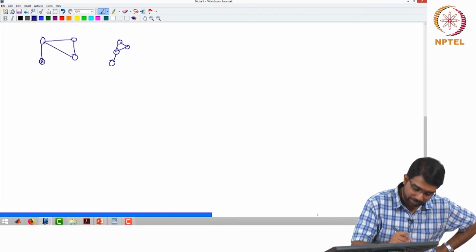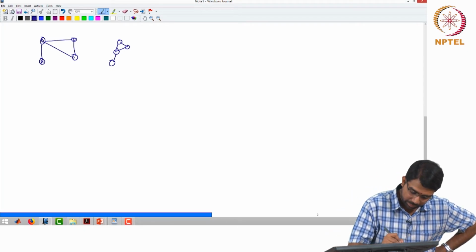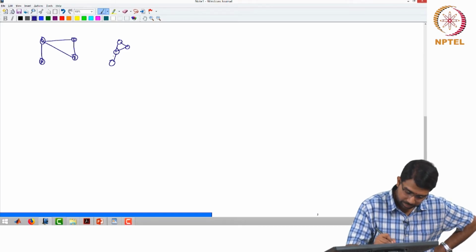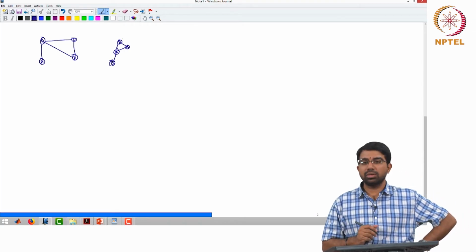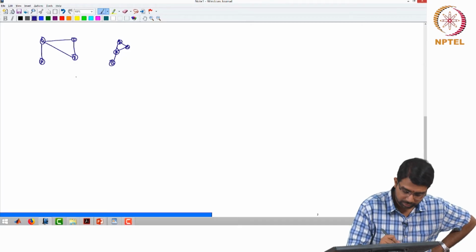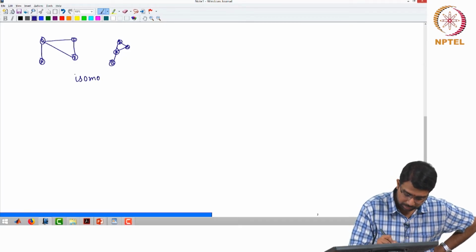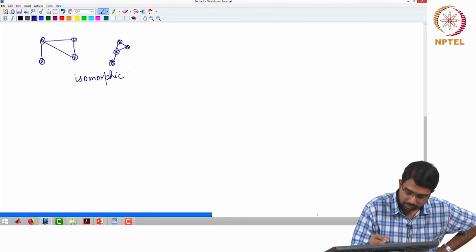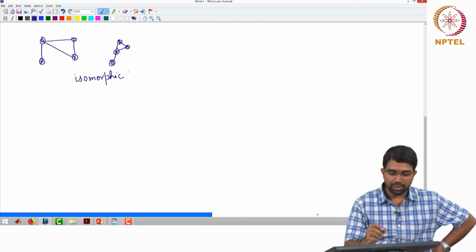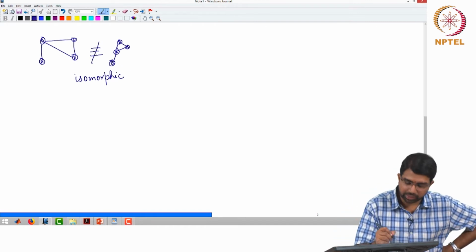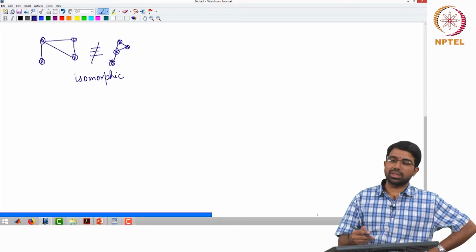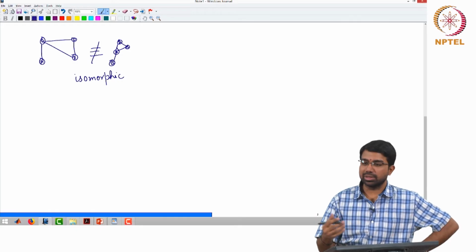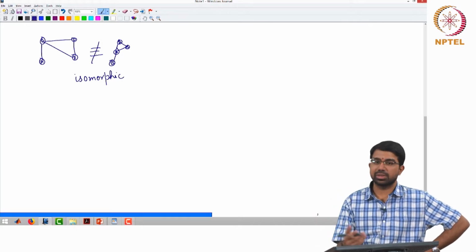If I label them, the graphs are no longer isomorphic. So, until you label these graphs, they were equal. These have very interesting applications in aligning proteins, aligning protein interaction networks themselves and so on.